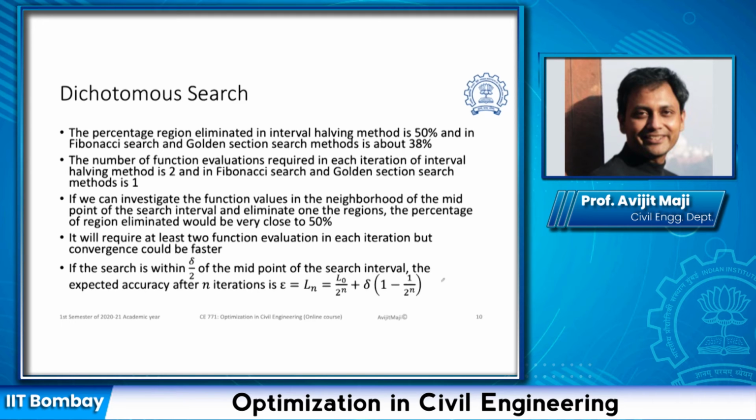And this can be achieved by choosing 2 points very close to the midpoint of the search space and comparing the objective function values of these 2 points. Now, if we choose the 2 points on either side of the midpoint of the search interval, then we can compare and eliminate one side.